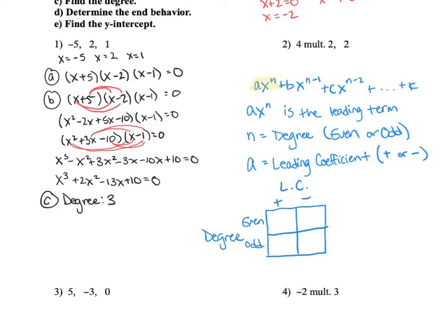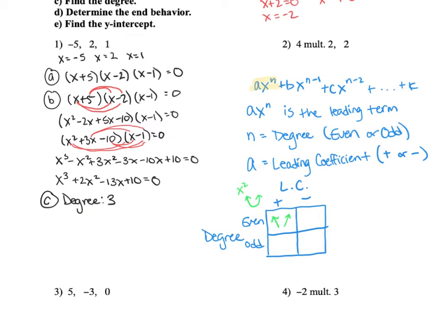So when I take a look at all these different scenarios, if I have an even degree and a positive leading coefficient, that might look something like this, right? That might just be an x squared function. And this shows me that both of the ends of my function are facing upward.